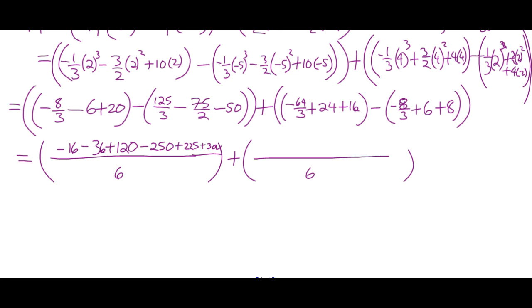If this is multiplying by 2, this by 3, and this by 6, it's going to be minus plus plus. Here, the 64, so negative 128. 24 times 6 is 144, so plus 144. And 16 times 6 is 96. Minus a negative, so this will be plus 16, and then these guys are minus, so minus 36 minus 48.